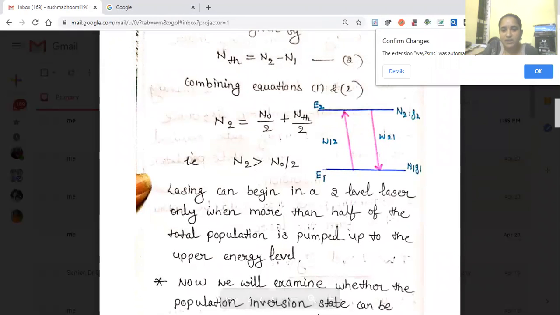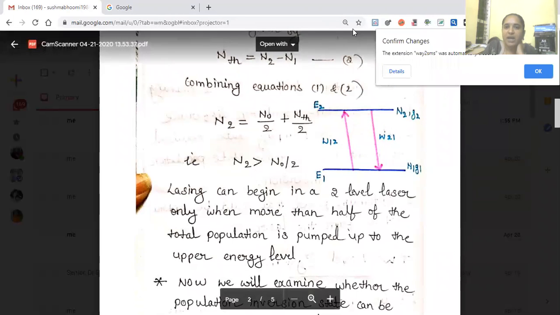See here, this is energy level 1 and this is energy level 2, and N1 is the number of atoms in the energy level E1 and N2 is the number of atoms in the energy level E2. Here G1 and G2 are the densities of states.